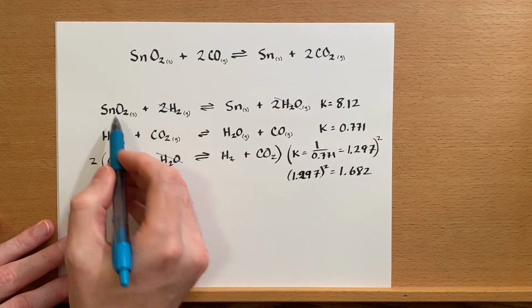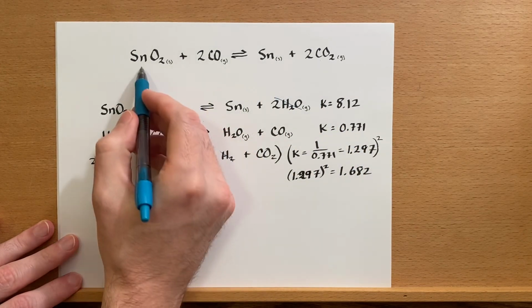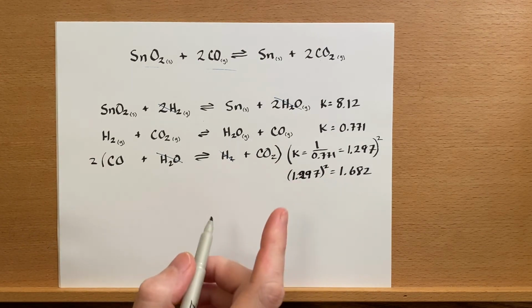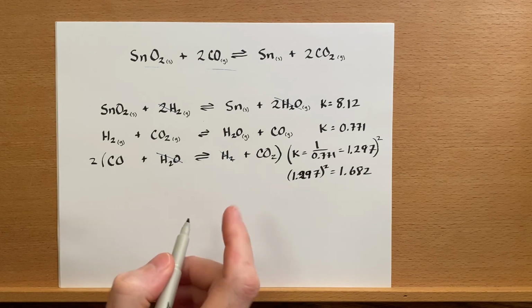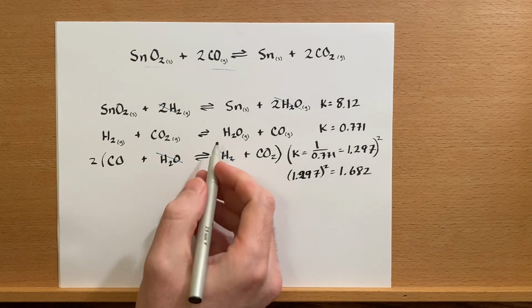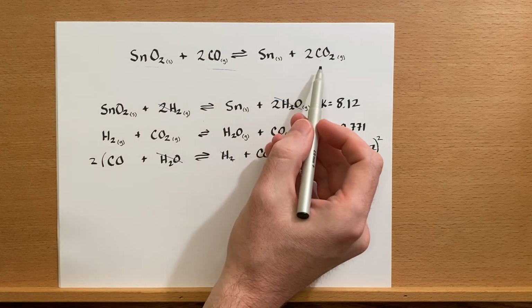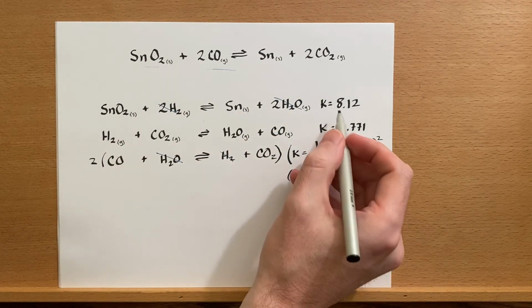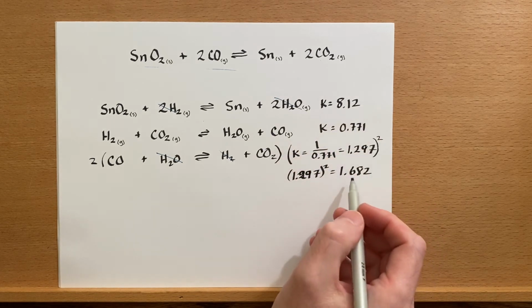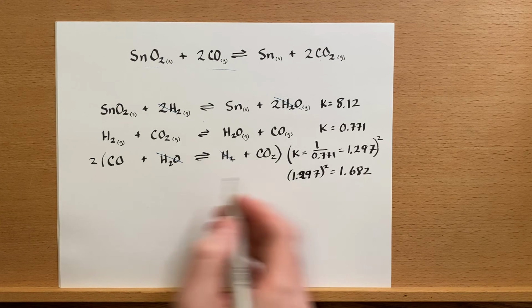So if we add this equation to that one, we'll get this top equation here. And when we add equations together, we multiply the equilibrium constants. So in order to get the equilibrium constant for this top reaction, we'll take the first K here, 8.12, and multiply it by the K down here, 1.682.